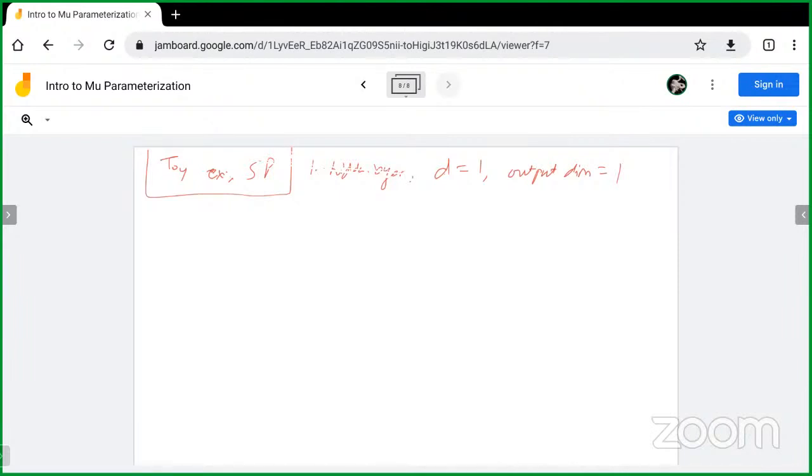Okay, so since it looks very simple, now you can simplify the parameters as well. So let's call f of zeta as v times x times u zeta.